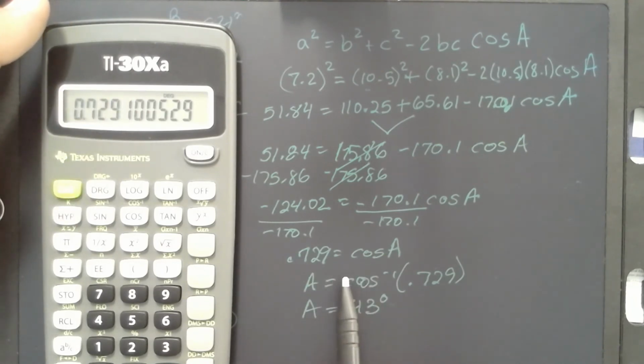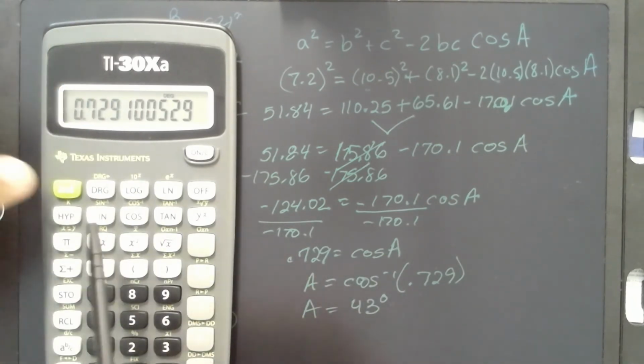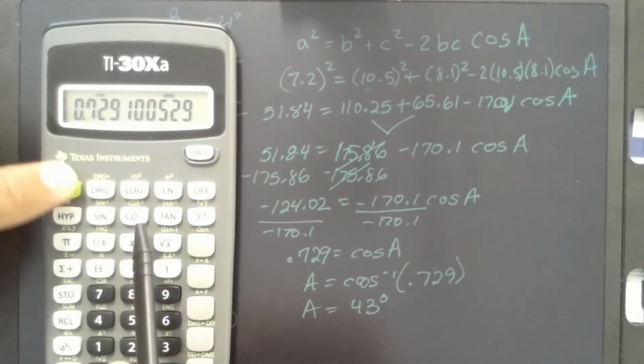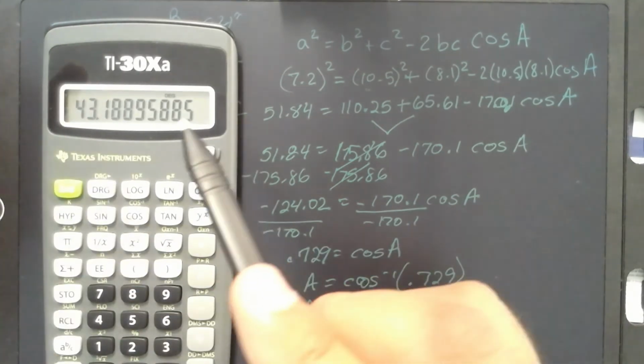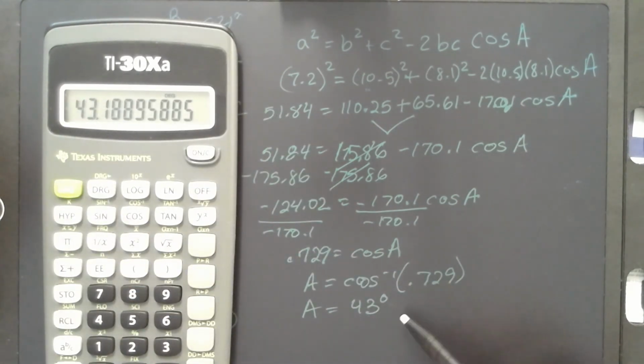From here, if I take the inverse of this number, I push second and then cosine, and you get 43 degrees when you round it. So that's how I get the 43 degrees.